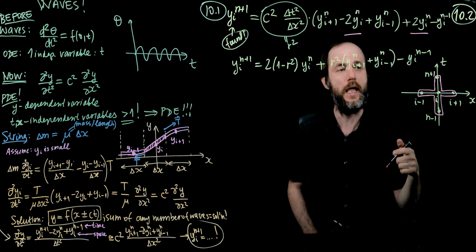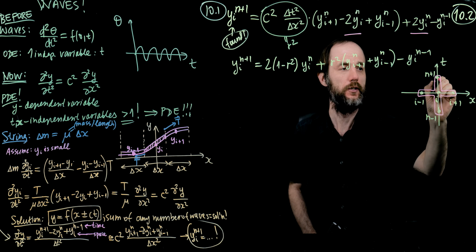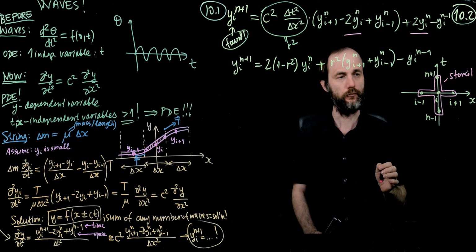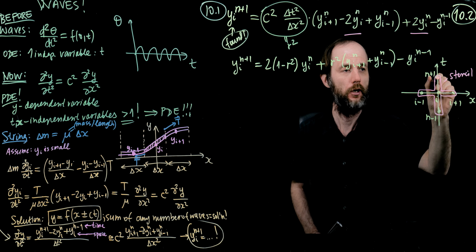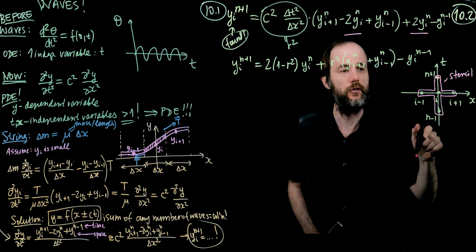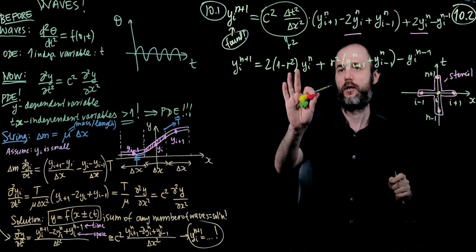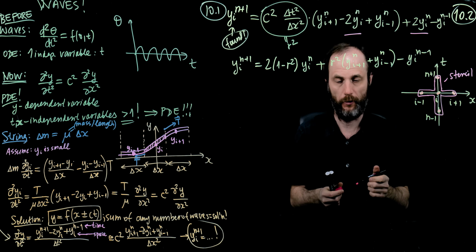So this cross that's made up of all of these points is called a stencil. And so you can see that this point over here is going to be expressed in terms of those points over there. This one, these two, and that one below.